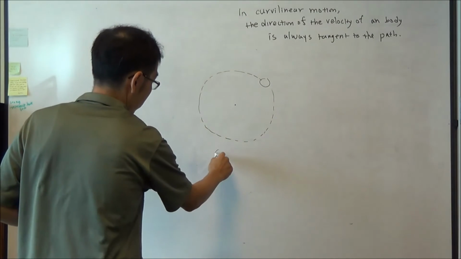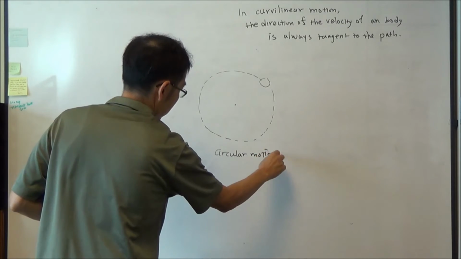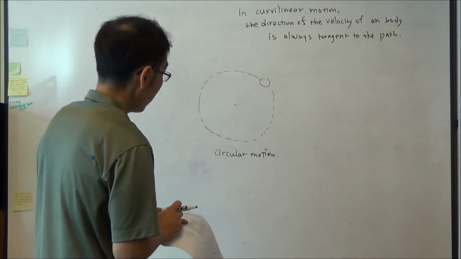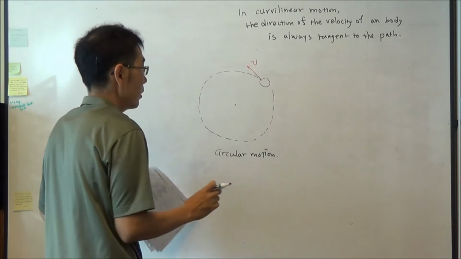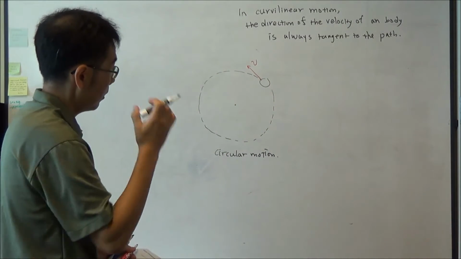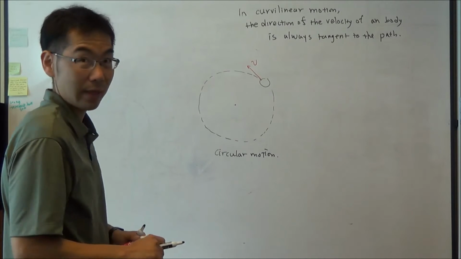This is the center. So this is circular motion. Then you know that the velocity is tangent. This is the velocity. Okay. Then how about the acceleration?